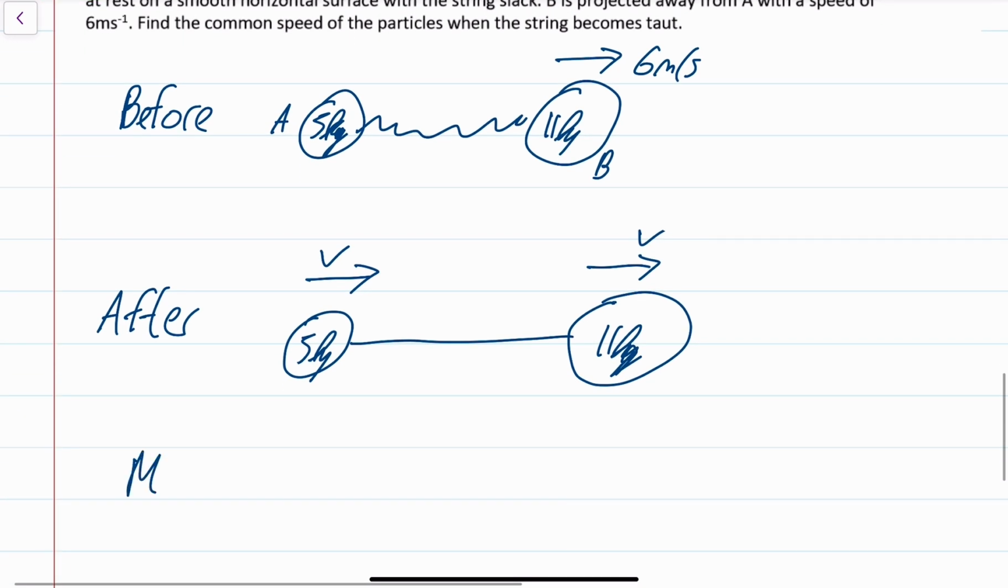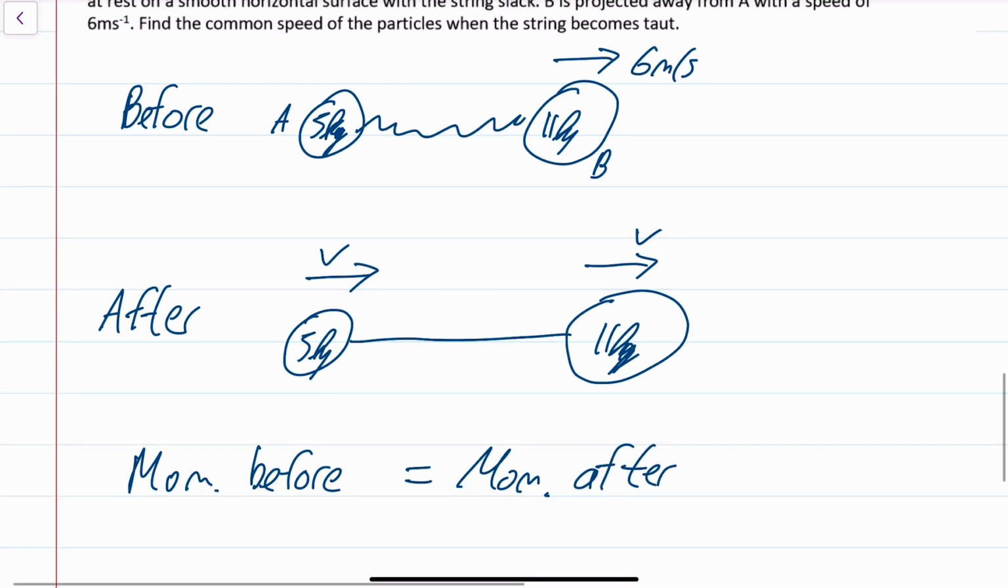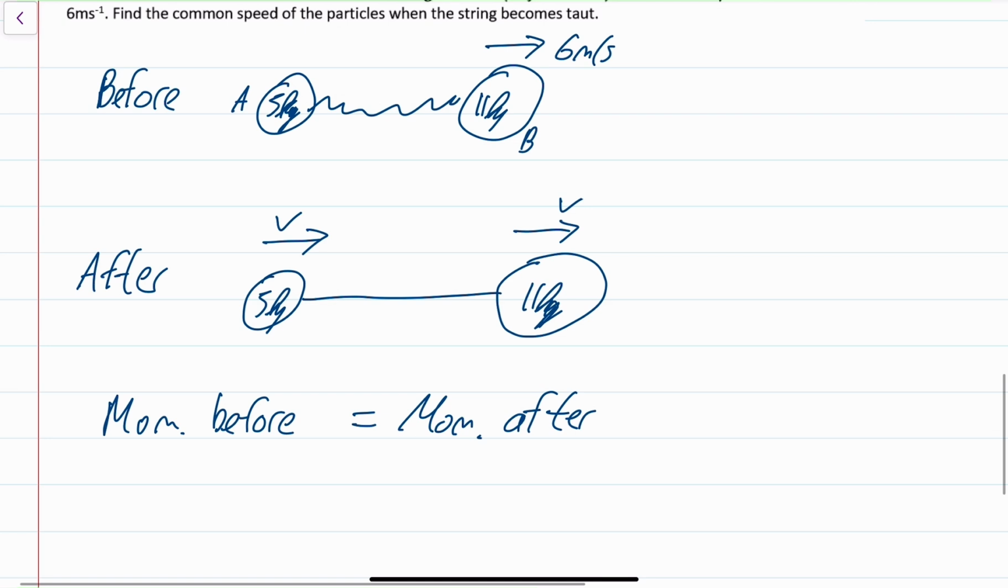Okay, so we're just using momentum before equals momentum after, and then we're just going to look at this. So for A, let's just look at this one. This one isn't moving, so it has no momentum whatsoever. This one is moving.